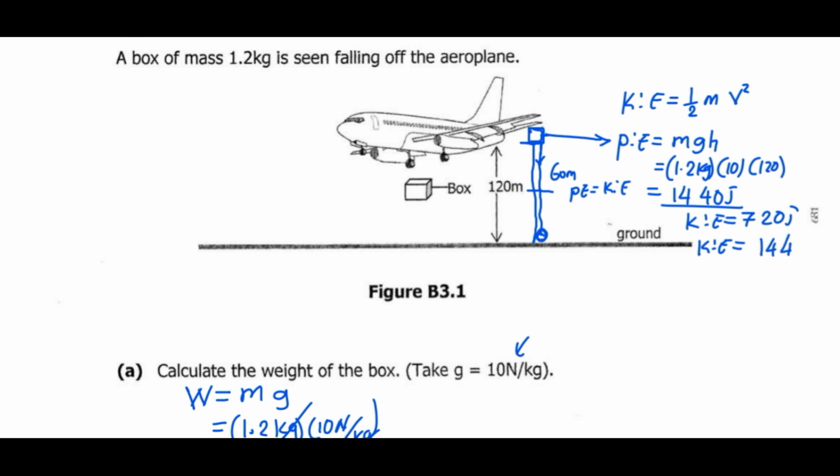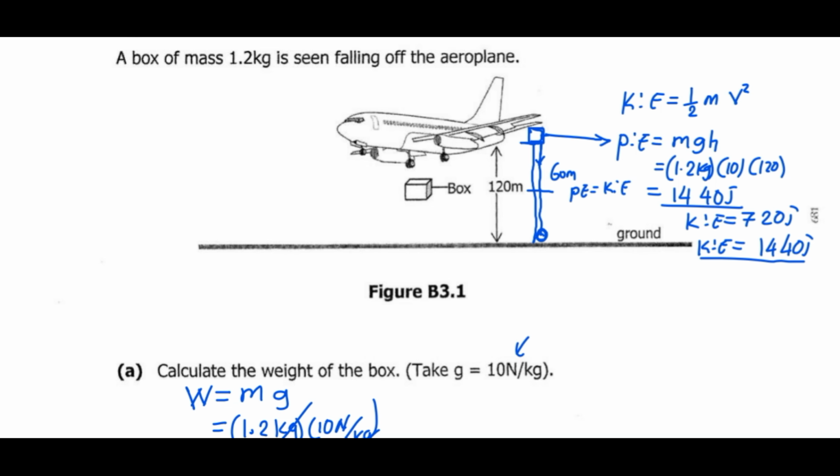So now at this point, we have the 1,440 converted into kinetic energy. Whenever you have a question like this one, where you only have the data to find the potential energy, and the question is indirectly asking you to find the kinetic, as long as the question is just before hitting the ground, the first step is to find the potential.